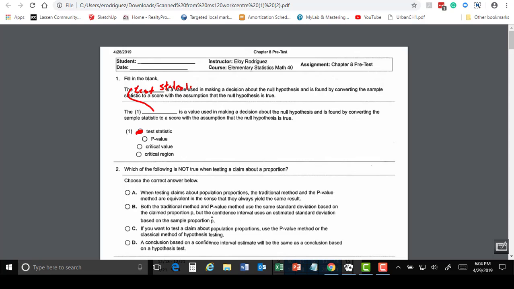So this one's D. Let's read some of these. When testing claims about the population proportion, the traditional method and the p-value method are equivalent in that they yield the same result. Okay, that's true. But this is looking for not true.